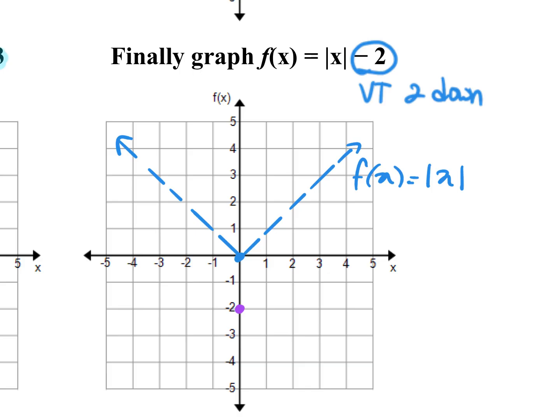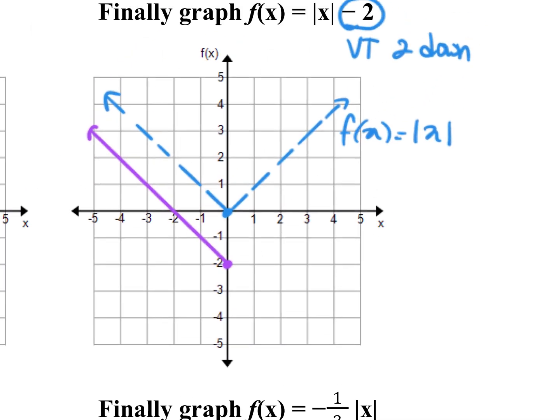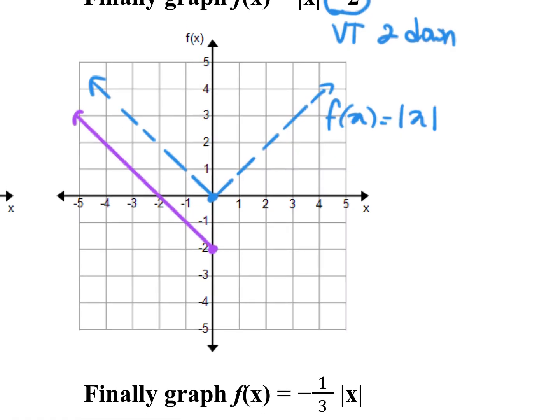Now I'm still going to be doing the same thing, copying the same shape of the graph like that of the parent function. It's just that it's actually shifted 2 units down. Let me just do it this way. As I said, it's not perfect. I hope you can bear with that.